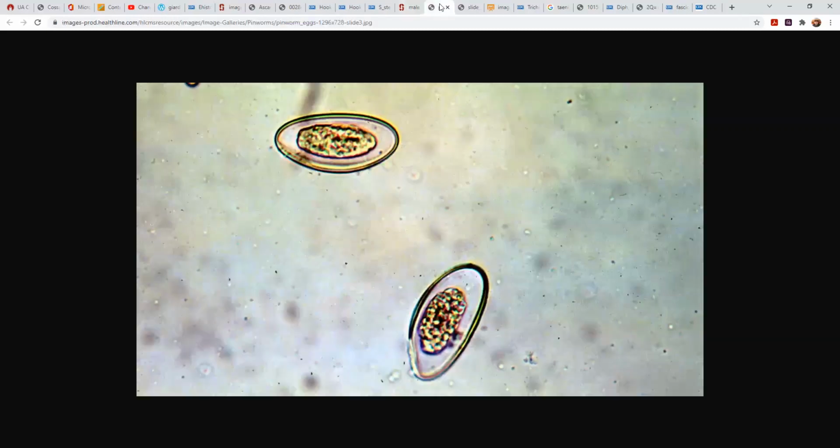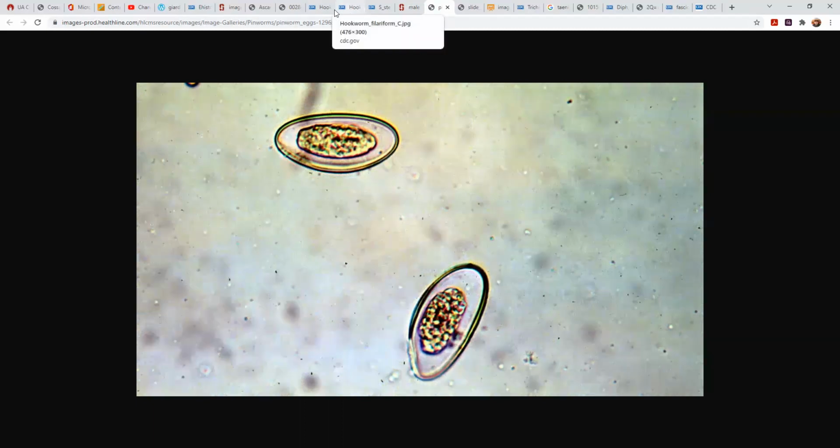And if we look at a pinworm egg, you'll notice these look a lot different, and they still kind of have this clear structure around them, but kind of a double layered wall here to the pinworm eggs, okay? And a larger clearing before we get to the middle here. So this would be a pinworm egg.